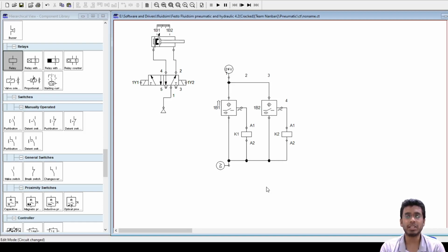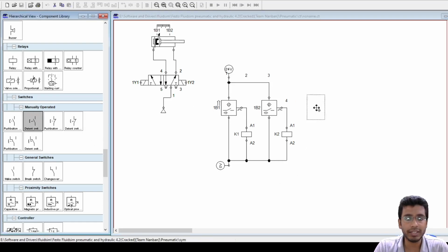Fine. So the same circuit in the last class I had also shown you with the use of limit switches. That was your roller valve type of switches. And the same thing I'm trying to show you using our proximity sensors also. Okay. So again, now we require a detent switch.